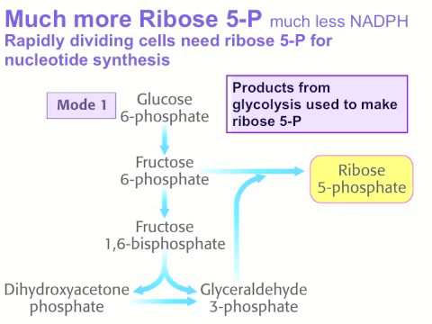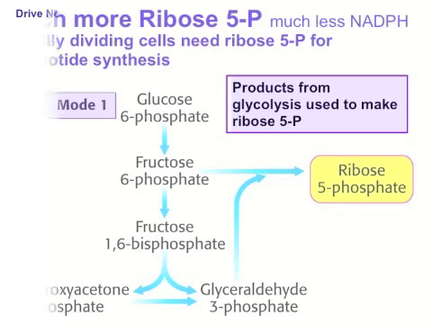In this case, we're going to take products from glycolysis to make ribose 5-phosphate. We're not even going to worry about the oxidative pentose phosphate pathway. We're just going to go from fructose 6-phosphate and glyceraldehyde phosphate and run the reactions of the non-oxidative pentose phosphate pathway backwards to make ribose 5-phosphate.